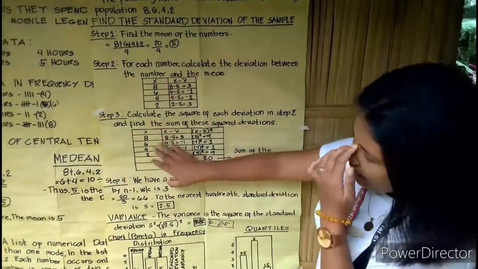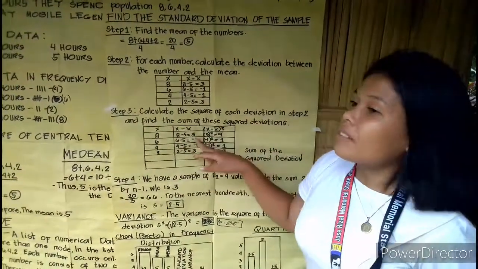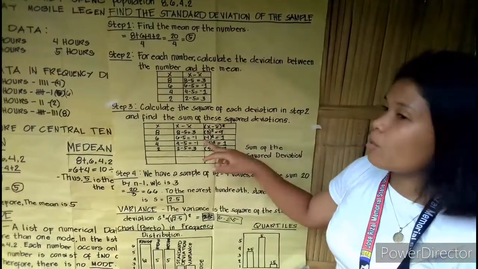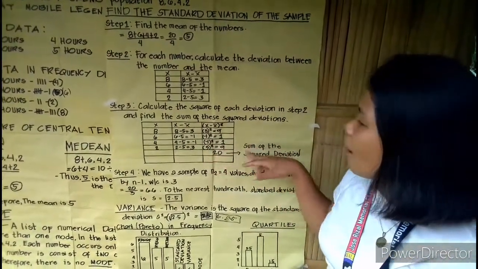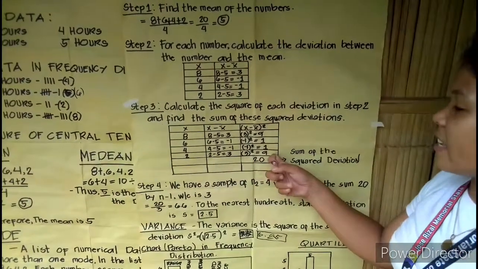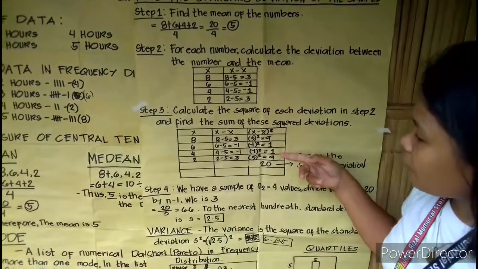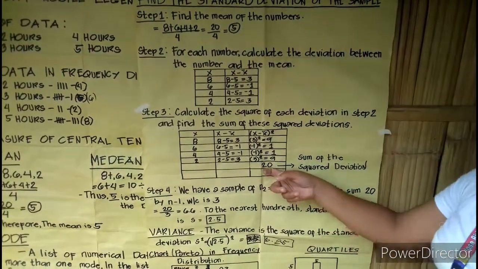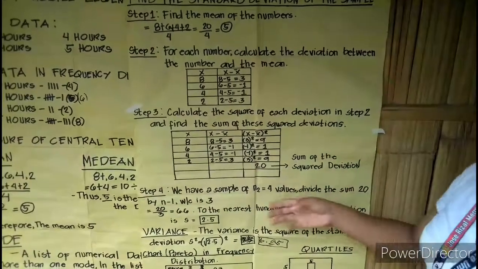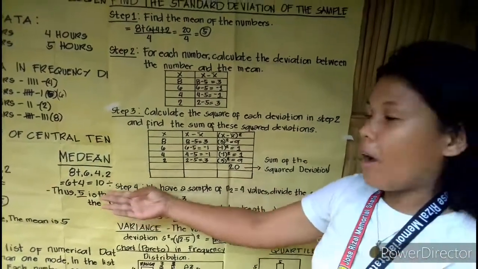So let's copy this one, then multiply it by itself. So 3 squared is equal to 9. 1 squared is equal to 1. 1 squared is 1, and 3 squared is equal to 9. The total value is equal to 20. So therefore, our sum of the squared deviations is equal to 20. Step 4.